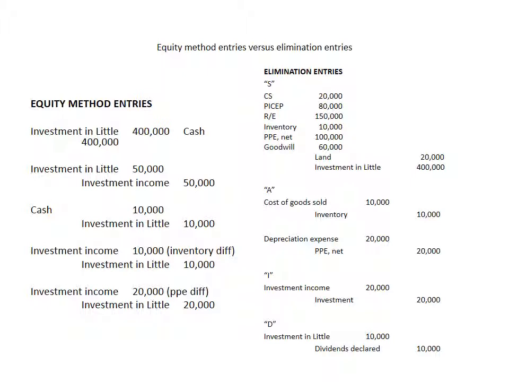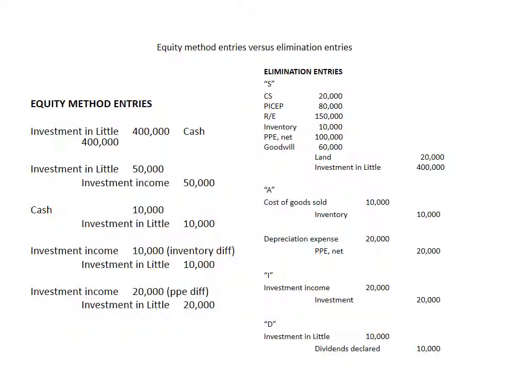Under the heading of A for amortization, for the inventory differential, instead of adjusting investment income, we're actually adjusting the inventory and cost of goods sold accounts. Likewise, for the property, plant, and equipment amortization, we're actually adjusting property, plant, equipment, and depreciation expense.